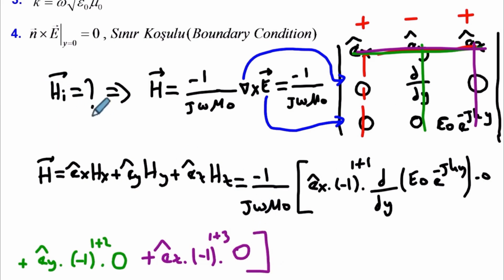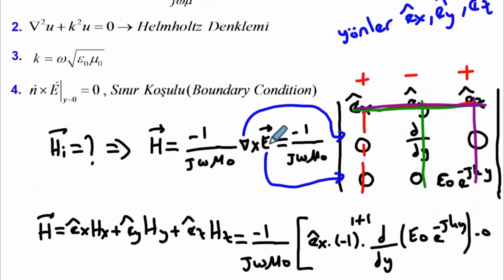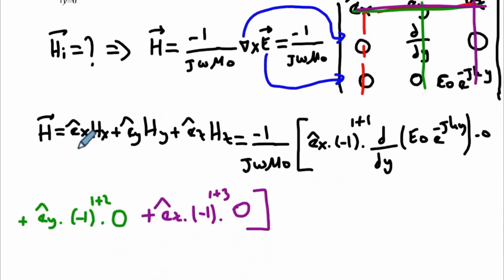So the electric field I used on my way to H, this resulting electric field, right? Ultimately, what is this? Ei. Let's write this Ei down here again for us. This incoming electric field is the same. Since I used this incoming electric field, as a result of this operation, of course, I find the incoming magnetic field.